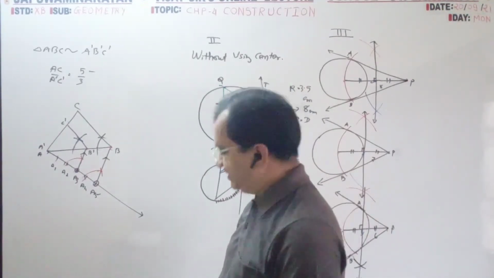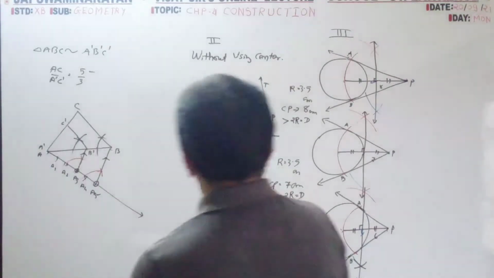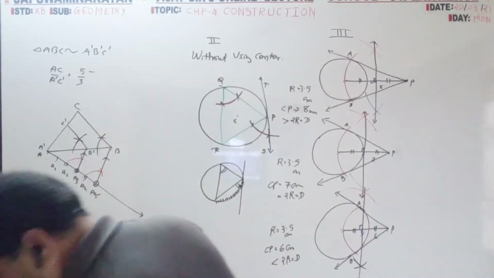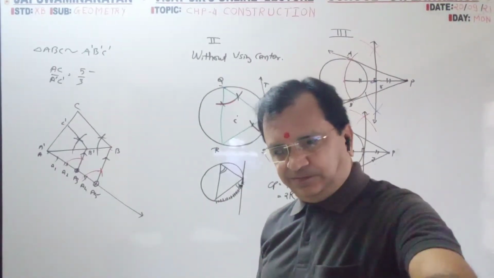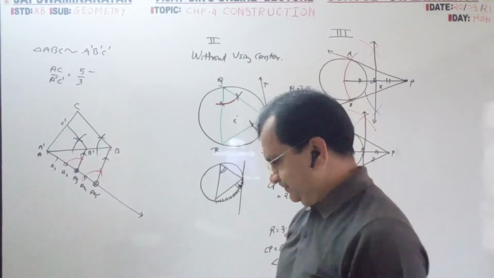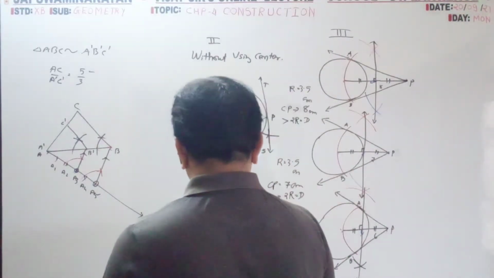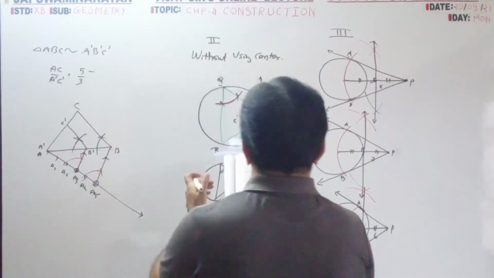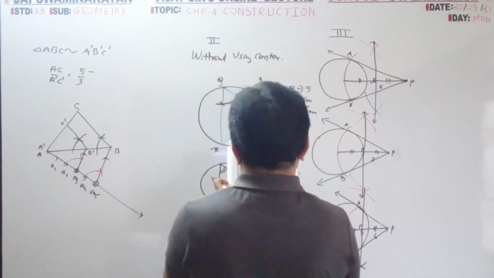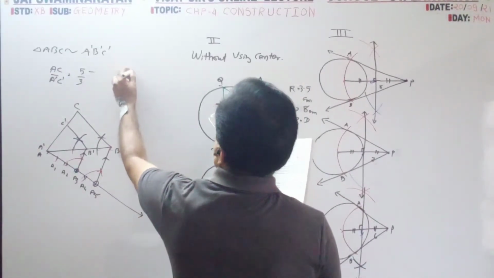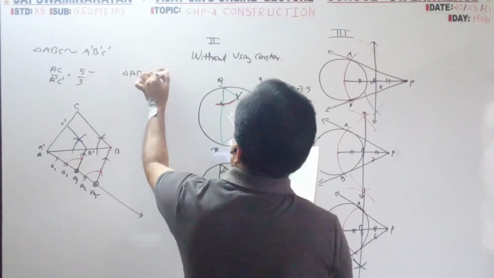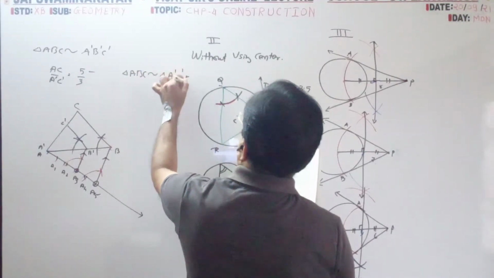Now it is 5 by 7. Triangle ABC is similar to triangle A dash, B dash, C dash.